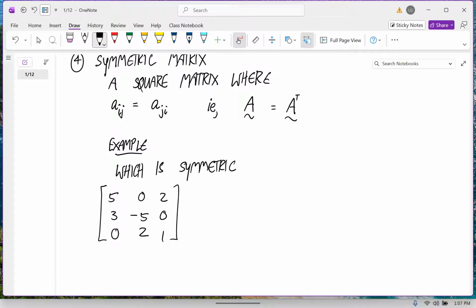So that's the first one. And then the second one is -6, 0, 0, 5, 2, 5, -1, 2, -1. Okay, so one of these is symmetric and one isn't.